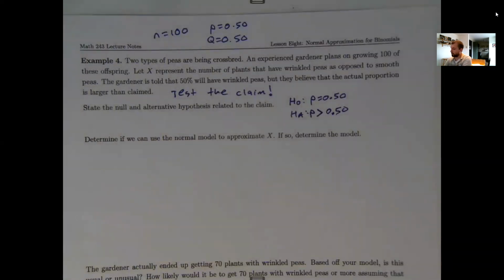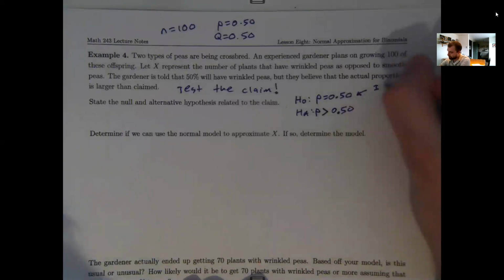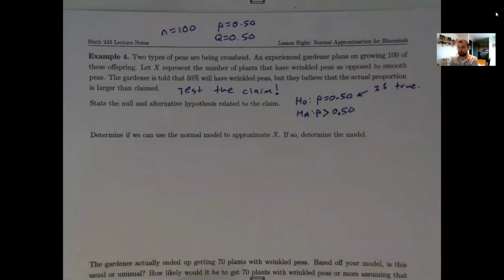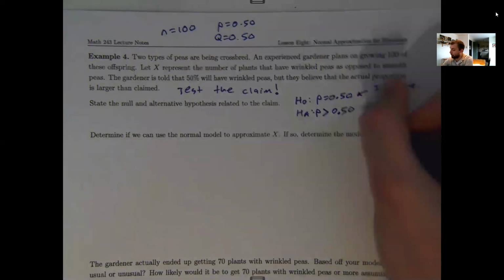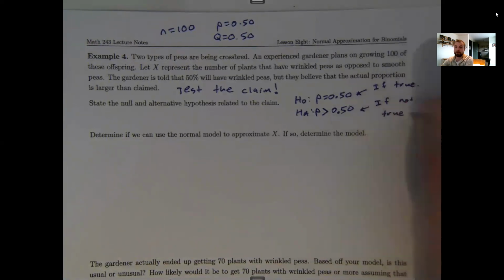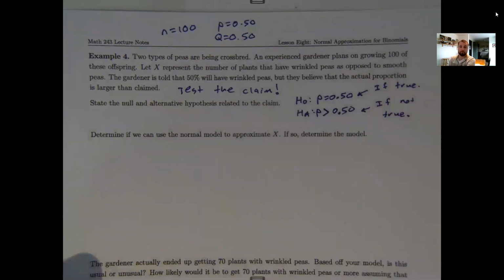So if the claim is true, I should see the success rate of 50% or less show up. And if it's not true, I think it might be more than that. So the null and alternative hypotheses are establishing what it means for something to be fair and what it means for something to be not fair.